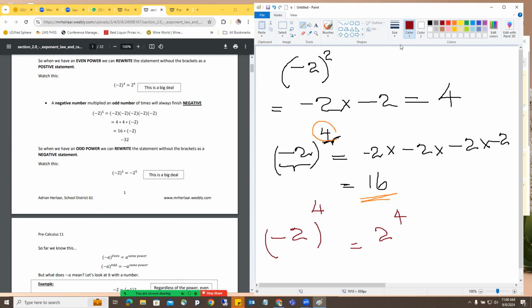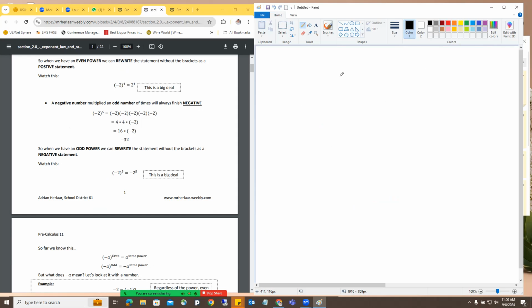What will happen if we have an odd number as a power? What do you think? For example, if we have (-2)^3, then the answer would be -2 times -2 times -2.